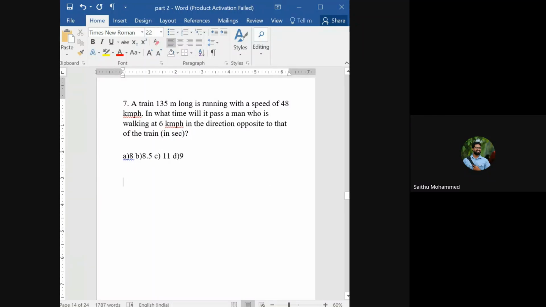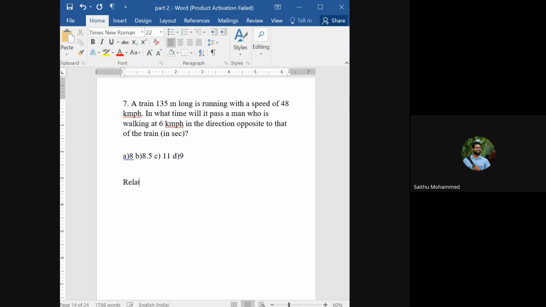Here, when we are talking about a train and a person walking in the opposite direction, there is a concept called relative speed. Relative speed is nothing but the speed of the first object plus the speed of the second object.